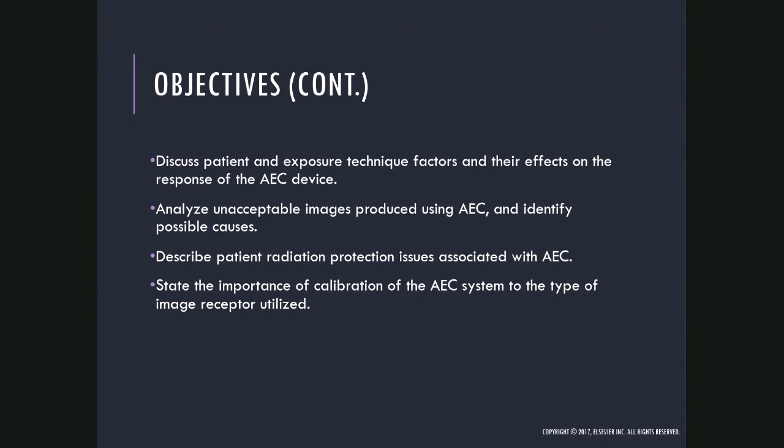I will tell you that 99% of AEC errors come from not having the anatomy properly centered over your AEC. We'll talk about that in a minute. We're going to describe patient radiation protection issues that are associated with AEC. And then state the importance of calibration of the AEC system to the type of image receptor used. I think that's it for objectives.